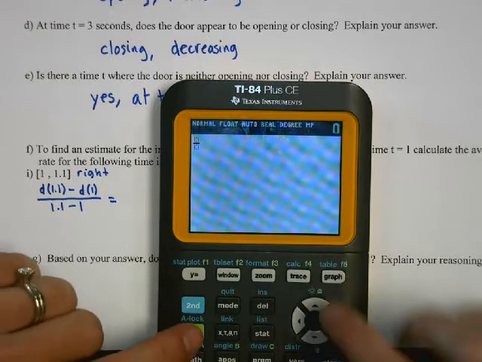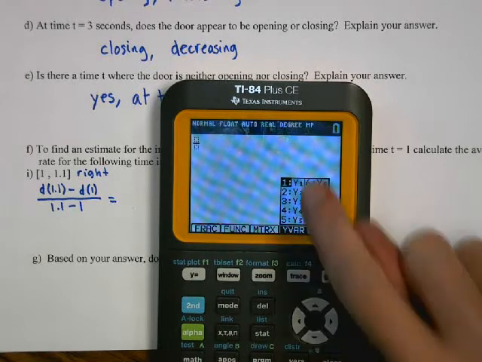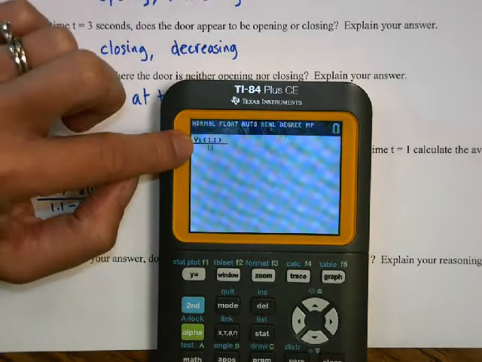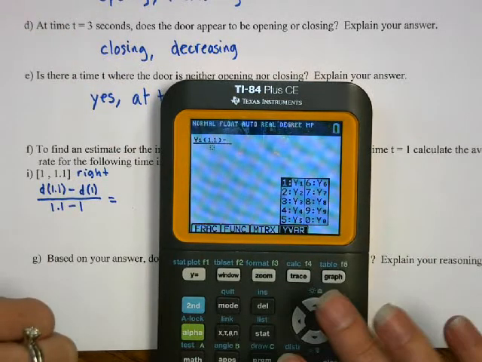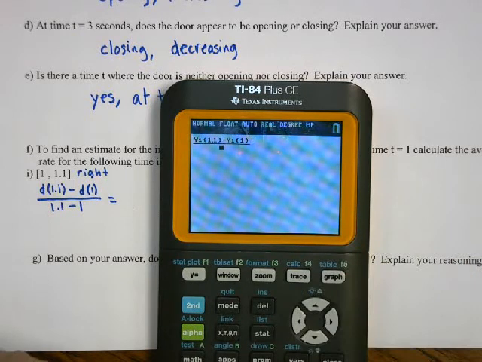So if you go to alpha f4, you're going to see y1. So I'm going to select y1, and I'm going to plug in 1.1, close parentheses. So this is evaluating my function at 1.1. I'm going to repeat that, so alpha f4 y1. And then I'm at 1.1 minus 1. Then I'm going to hit enter, and I get 26.336.